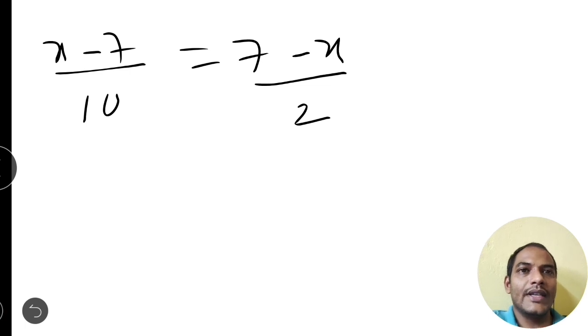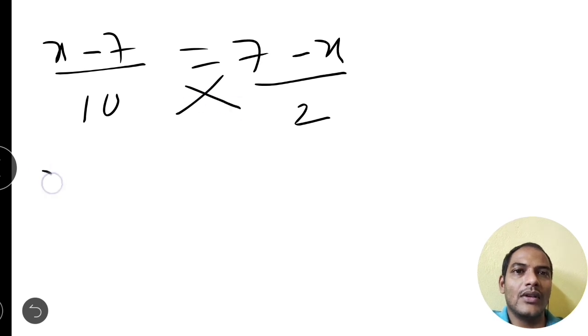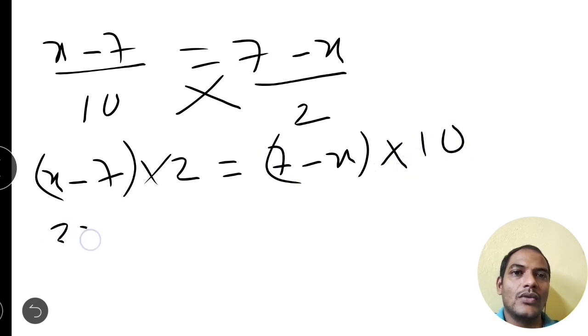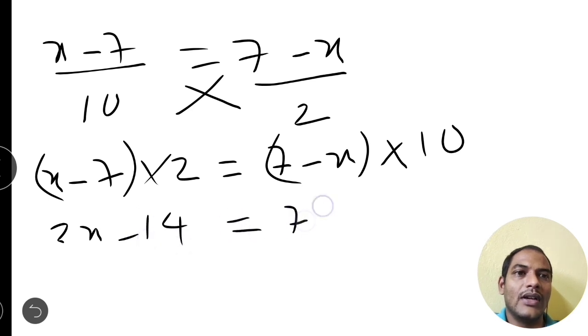So now we have a single fraction on both sides of the equal symbol. So let's do the cross multiplication. So (x minus 7) into 2 equals (7 minus x) into 10. x into 2 is 2x, 7 2s are 14, 7 into 10 is 70 minus 10x.